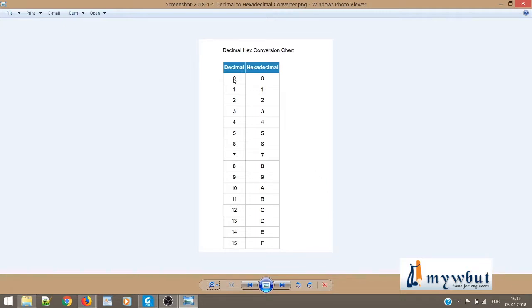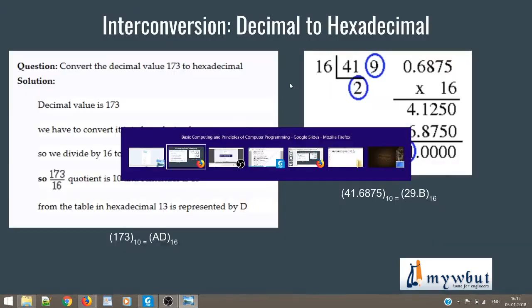So until 9, the decimal values and the hexadecimal values are all the same. But after that, decimal 10 is equivalent to hexadecimal A, decimal 11 to hexadecimal B, 12 is C, 13 is D, 14 is E, and lastly 15 is F. You shall remember this chart. It is very important. Now let's get started.